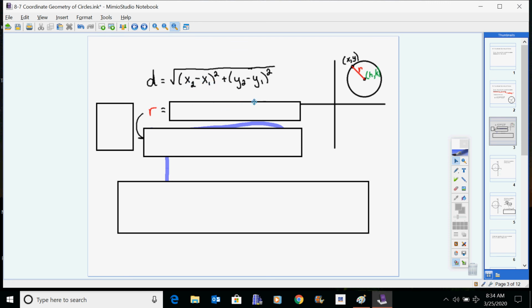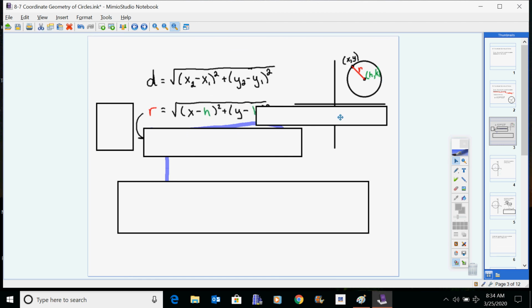If we think about the center of the circle as having an ordered pair of (h, k), h and k are pretty standard in our math as an anchor point, a point that you base things off of. So h and k are going to be really important points. x1, y1 will be the ordered pair (h, k), so we're going to replace x1 and y1 with h and k.